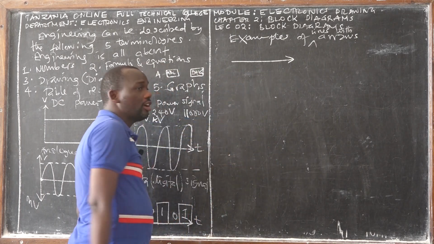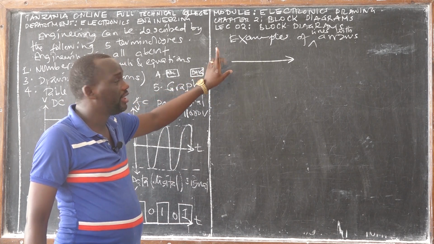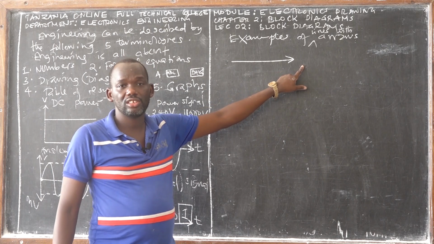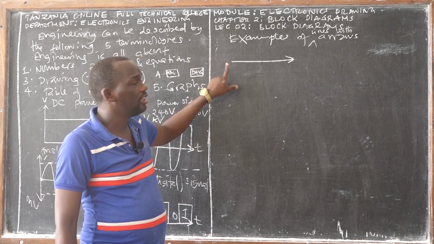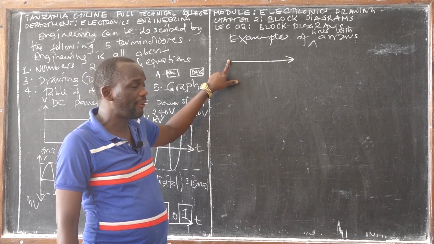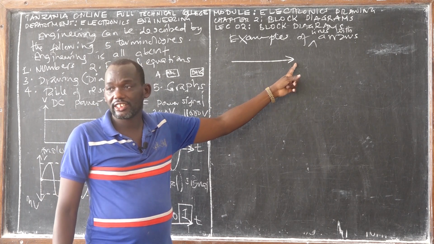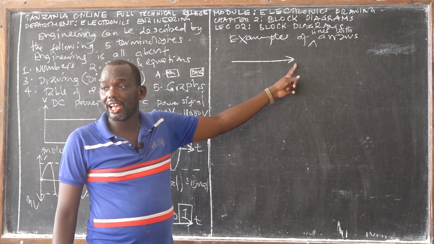Okay, so we say that this is meaningful. With this arrow, it means source and destination. This is a source of an electric signal, or a power signal, or an analog signal, or a data signal, and this is the destination. Are we together?